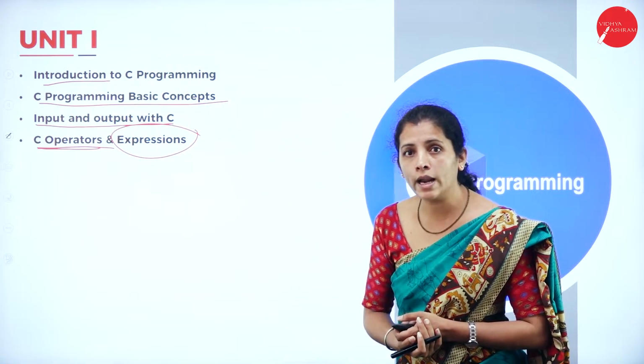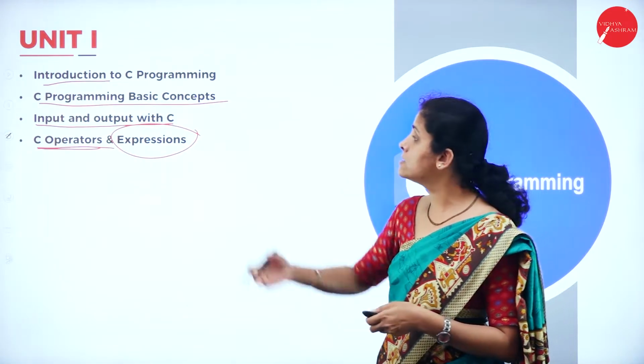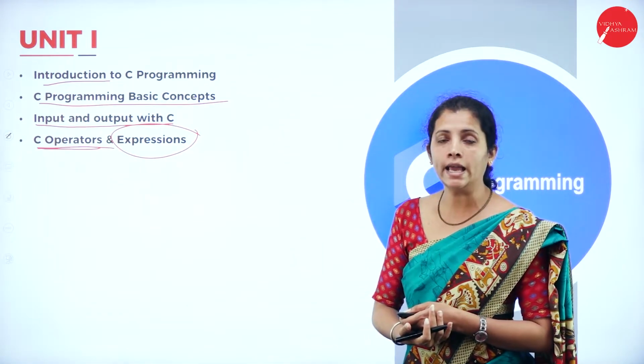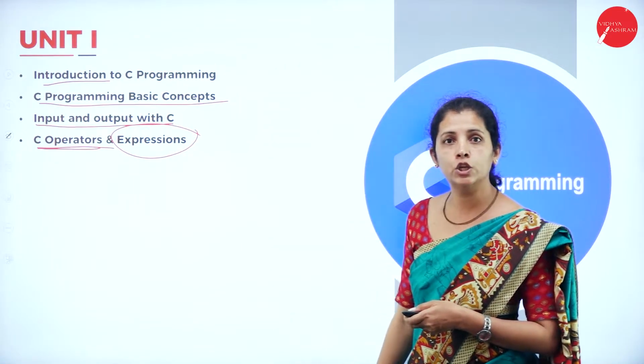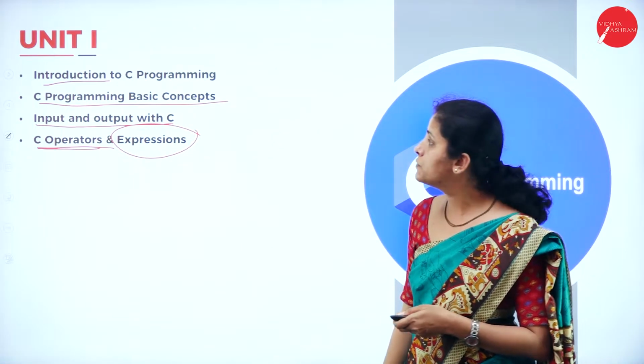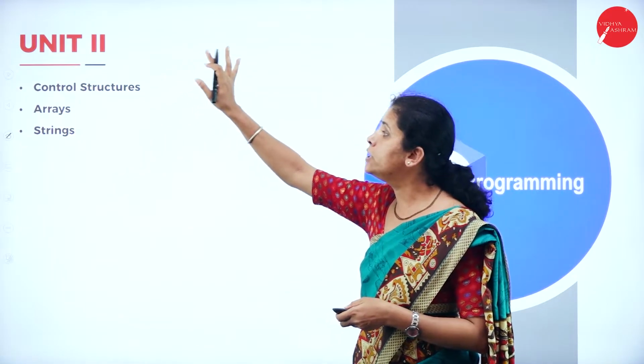That means how to write expressions as well as how to evaluate expressions. So these are the topics that come under unit 1, and it is followed by the second unit.